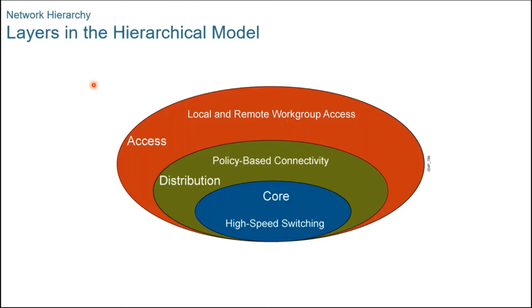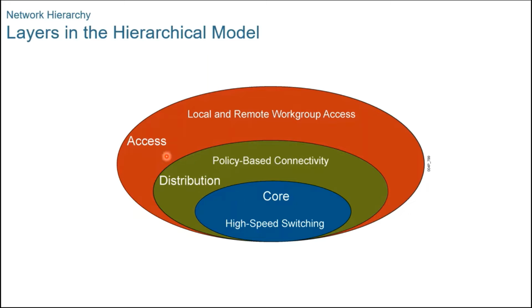Hierarchical network design layers. As shown here in the figure, the hierarchical network design model consists of three layers. You've got the access layer, which provides the local and remote workgroup or user access to the network. Next would be the distribution layer, which provides policy-based connectivity, and a core layer or backbone, which provides high-speed transport to satisfy the connectivity and transport needs of the distribution layer devices.